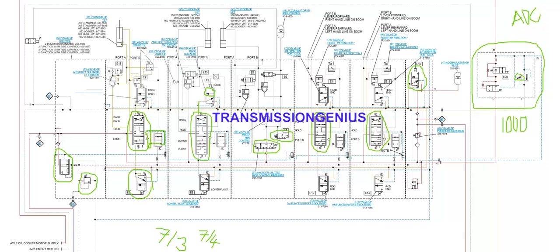Okay, but what is the function of this compensator? First of all, when oil arrives here, the oil goes to the both parts. First, the oil goes like this, and second, the oil goes like that.